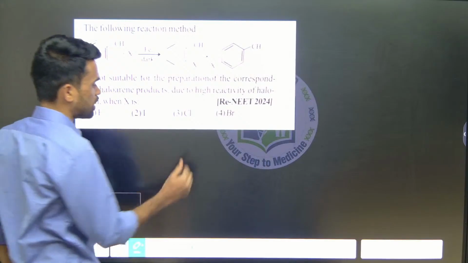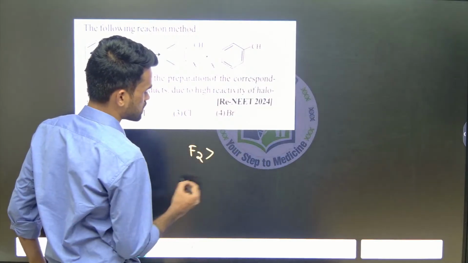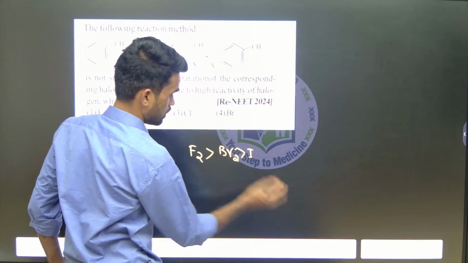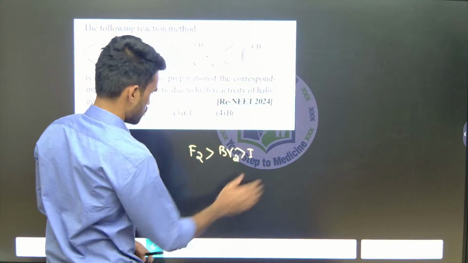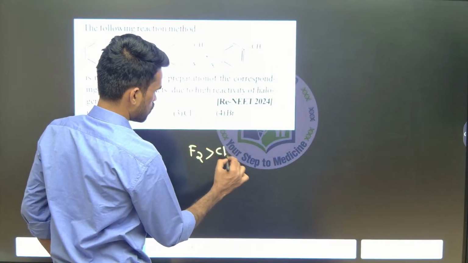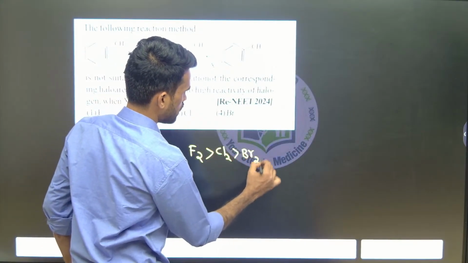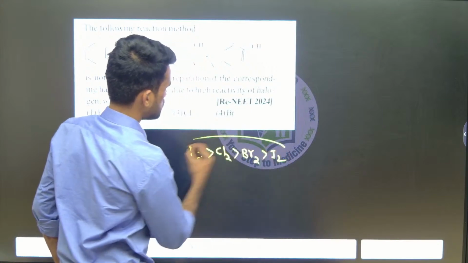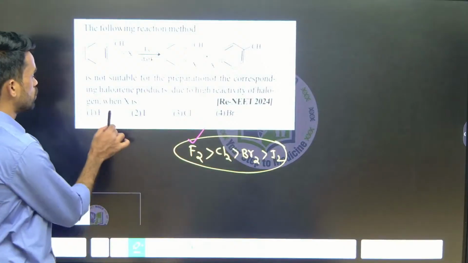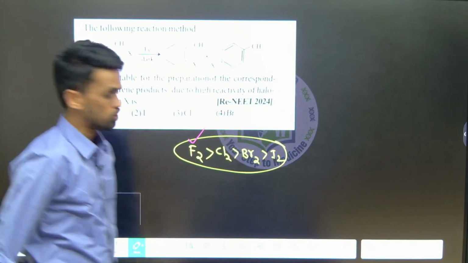The reactivity of fluorination is greater than chlorination, then bromination and iodination. So this is the reactivity order, and it is not possible for fluorination. So you can say the first option is your answer, that is it.